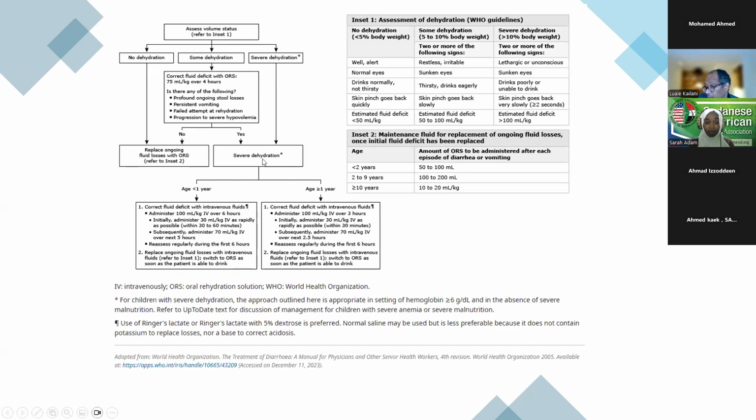And then for severe dehydration, there is a differentiation between children less than 1 year and children more than one year. I just have to say that this is mostly for children who have acute dehydration without malnutrition, because with malnutrition it's a little bit more complex. You are worried about refeeding syndrome, you are worried about electrolyte disturbance, you are worried about many things.